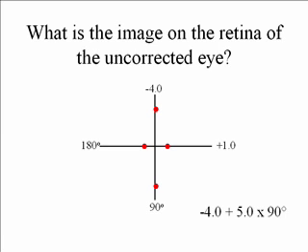He has some blur, but it's not as much blur as if he were a -4 myope. So I'm going to plot those little points horizontally, 1 unit from the center of the total power cross. And all that I need to do now is to connect the dots to see that the image on his retina when he's not wearing spectacles looking up at the nighttime sky is going to be an oval with its long axis oriented vertically. Very, very simple, but only simple if you use power crosses.